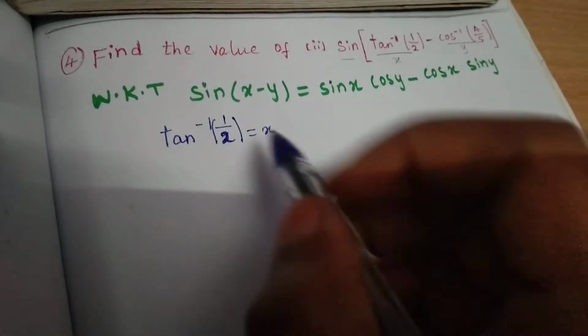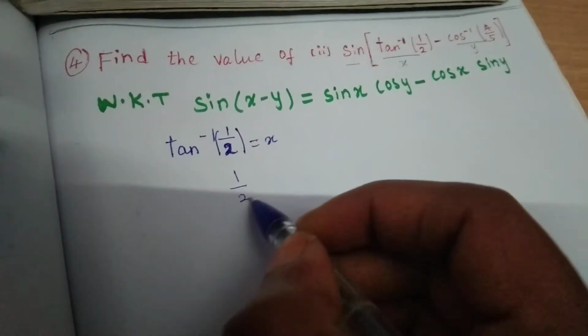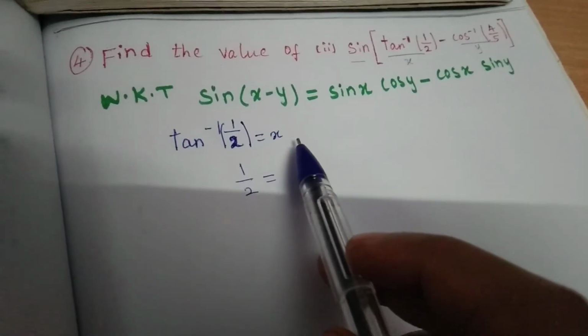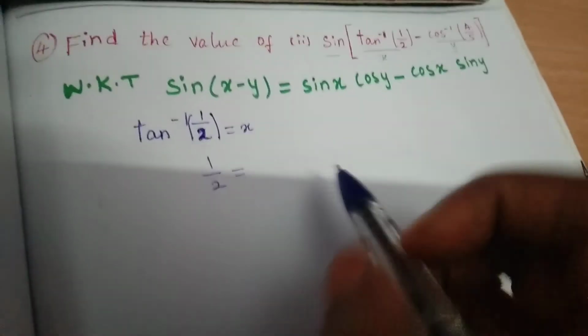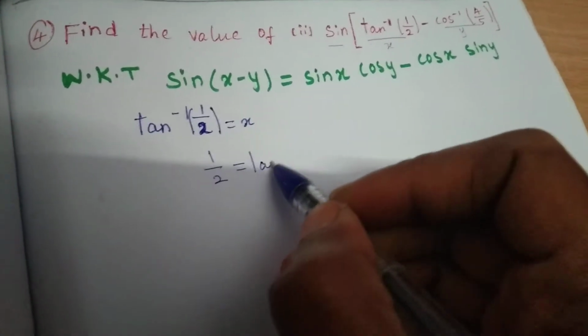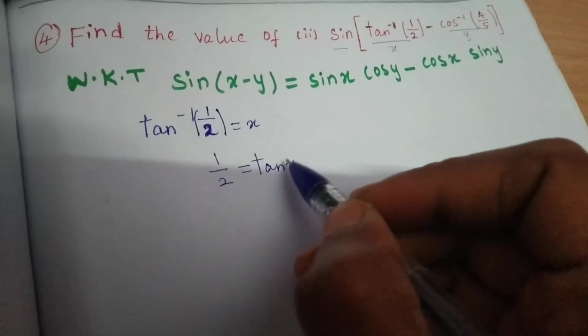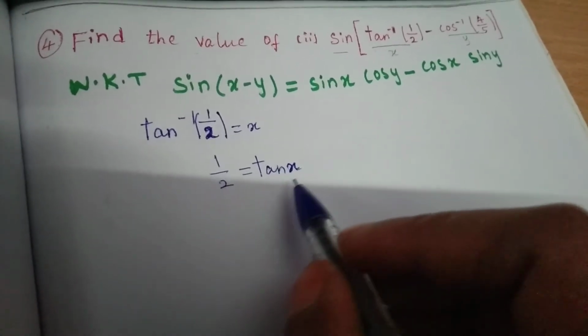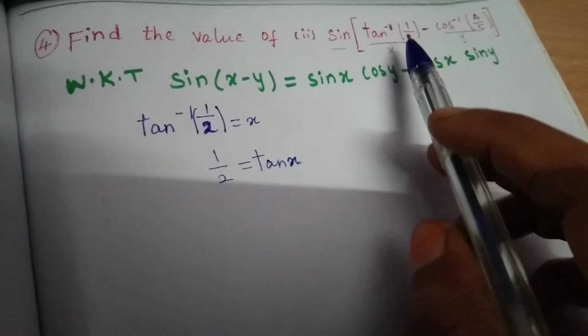Now we can move the inverse to the right hand side, so tan inverse changes into tan x only. So we get tan x equal to 1 by 2.